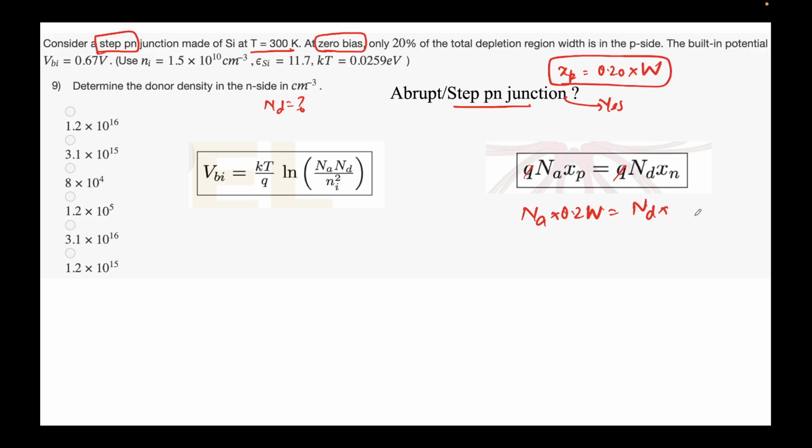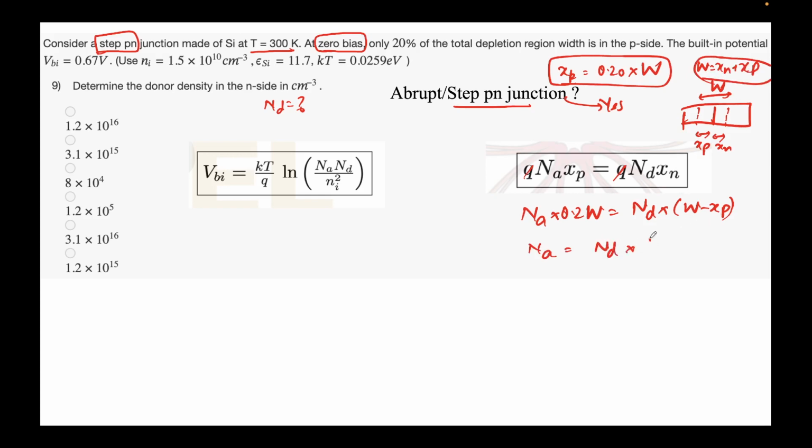Xn will then be nothing but W minus xp, because remember, I'll draw this again. So this is your xp, this is your xn, this is W. So W has to be xn plus xp, the total depletion width. Hence xn is W minus xp. From this I can get Na equal to Nd times (W minus xp) over xp.